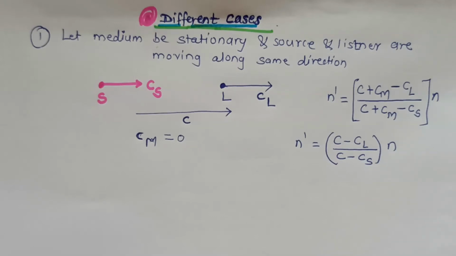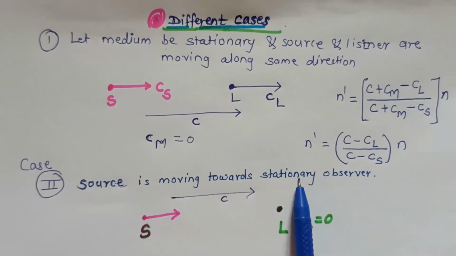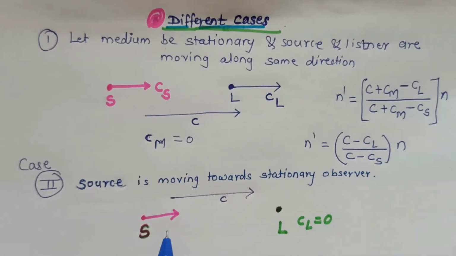Now case second. Source is moving towards a stationary observer or listener. S is the source, L is the listener. The condition is stationary listener, so its velocity cl is equal to 0, and the source is moving with velocity cs.